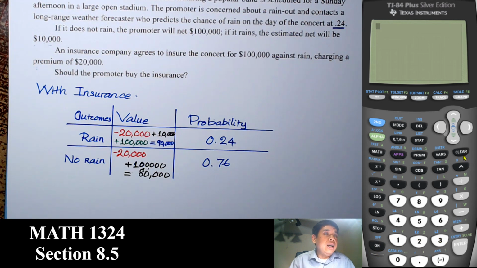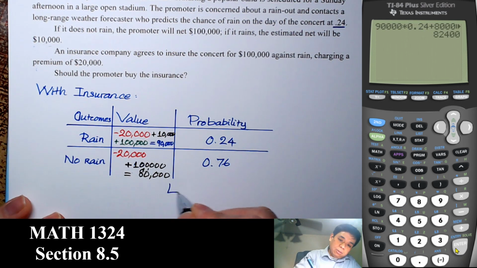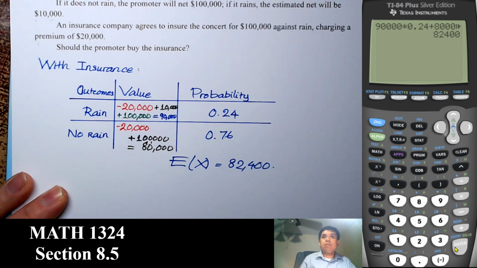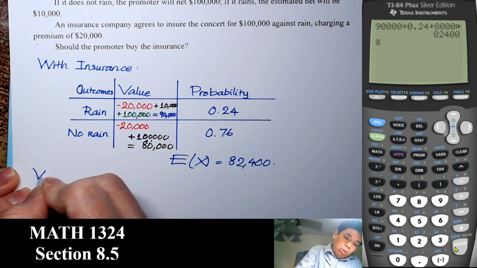Right, and now we have 90,000 with the probability of 0.24 plus 80,000 with the probability of 0.76, and to do that we have expected value of 82,400. So that's with insurance.